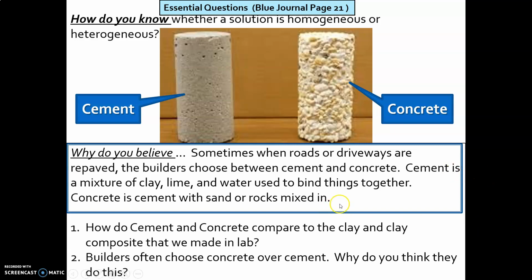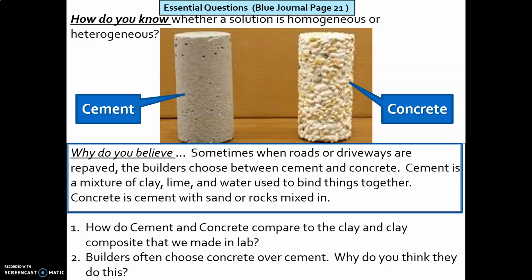Looking at this picture, I can see that the cement on the left is homogeneous because it looks like the same color and material the whole way through. But on the right, the concrete is definitely heterogeneous because it's not uniform throughout. There are different pieces that make up that material.